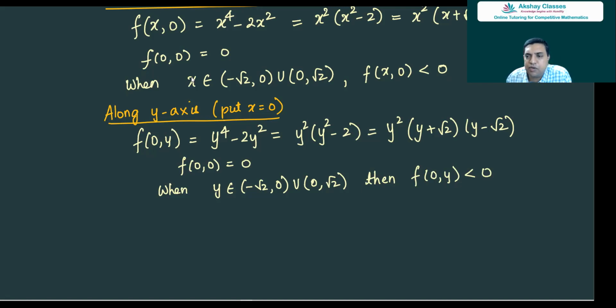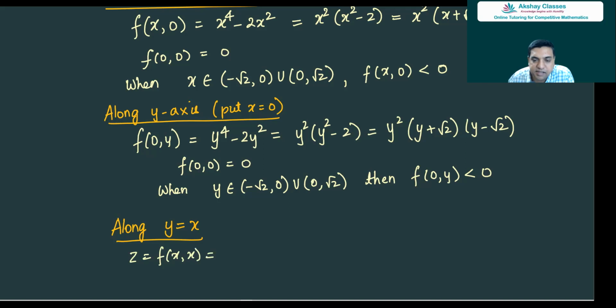That means 0 comma 0 is a maximum value along these. Now let us choose any other path. Along, say, y equal to mx we can take, but let us take y equal to x. So we get z is f of x comma x. So substitute in the given equation.